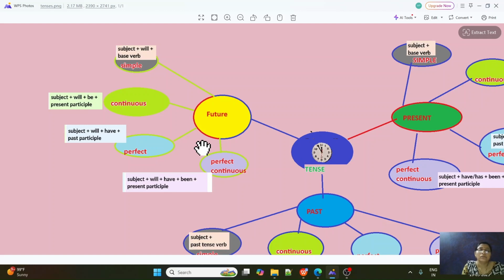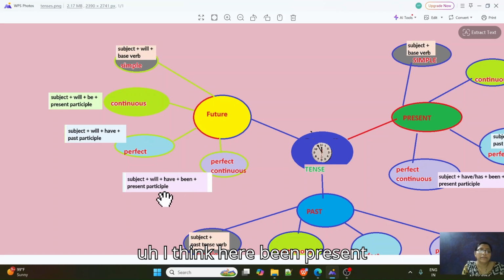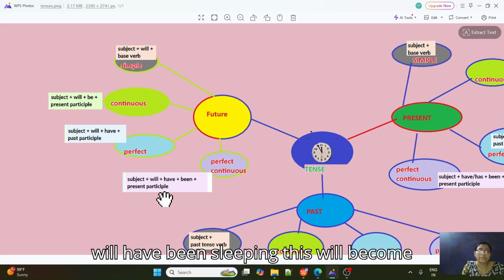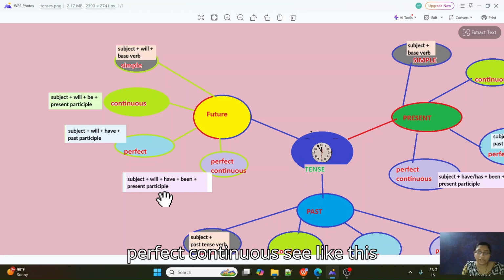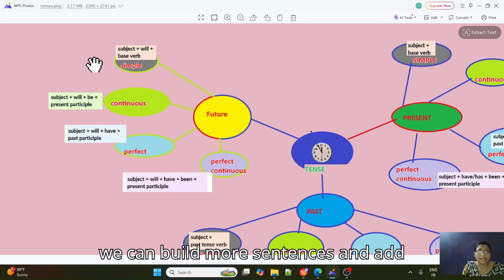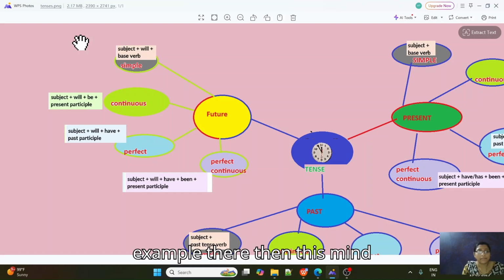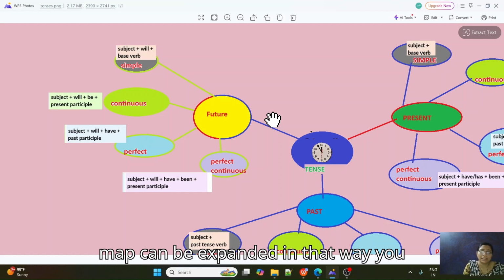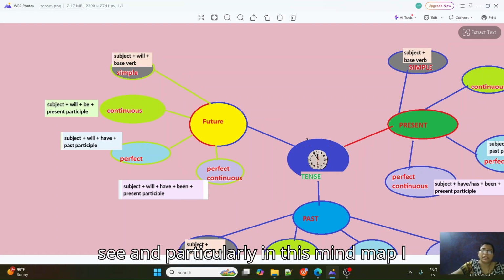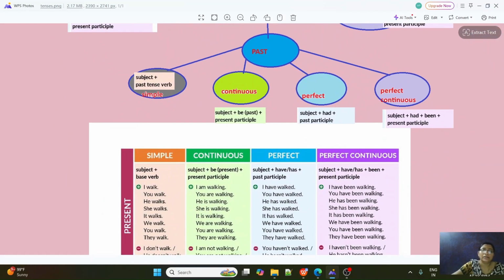And Ravi, I think here we need the present participle. Ravi will have been sleeping. This will become perfect continuous. See, like this, we can build more sentences and add one more node and write an example there. Then this mind map can be expanded in that way. And particularly in this mind map, I added examples down here.